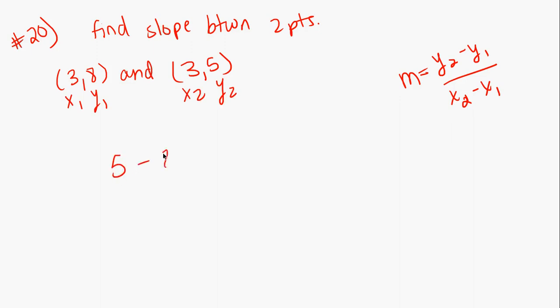We've got 5 minus 8 over 3 minus 3. On top, we get -3. On the bottom, we get 0. The question is, is that 0 or undefined? The answer is that it's undefined.